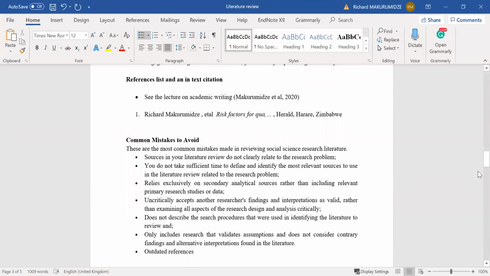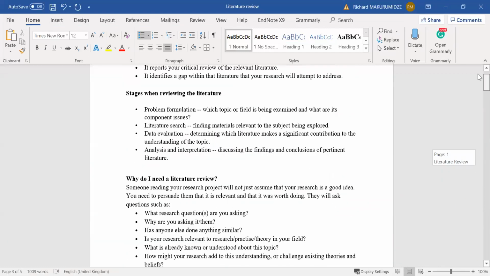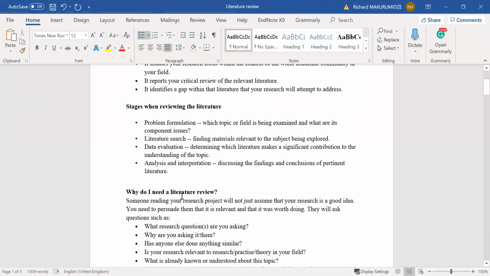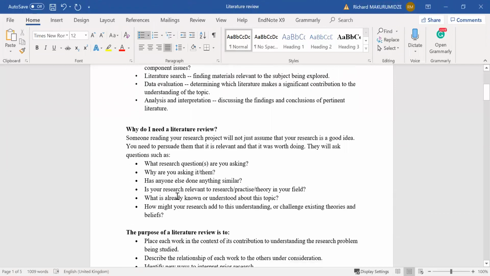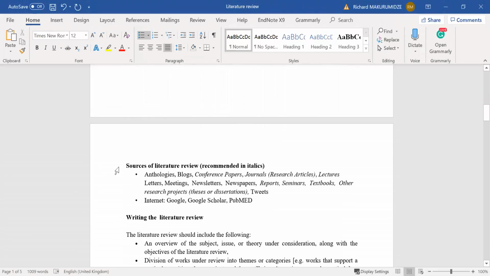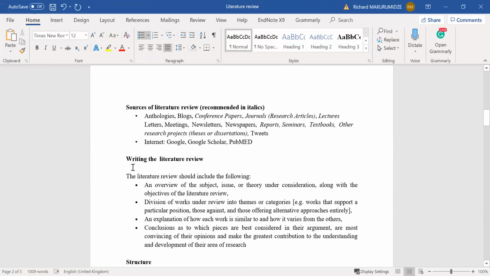So I think in general, in summary, this is really why we do literature review. What are the stages which we use? Why do we need to do literature review? What is the purpose of literature review? And the sources, and this is very important. How do you write your literature review?